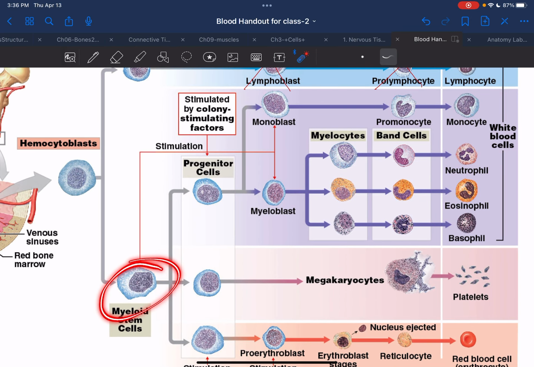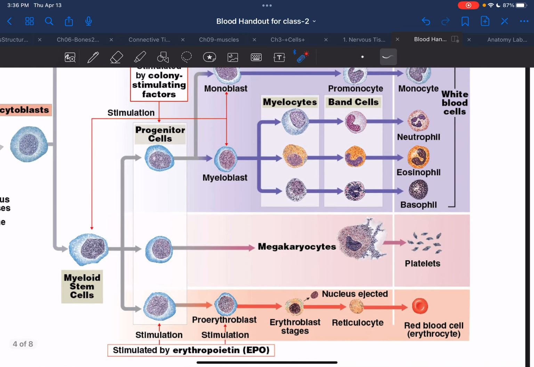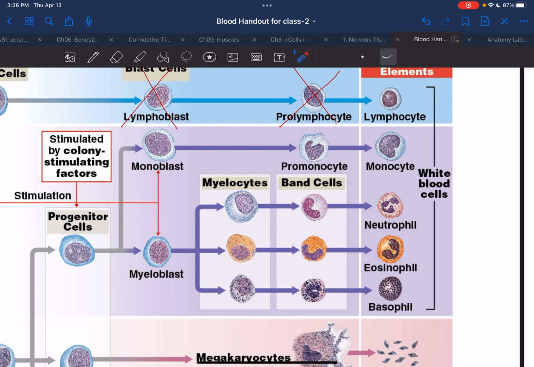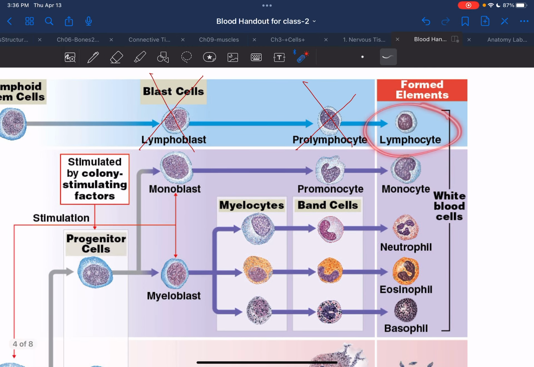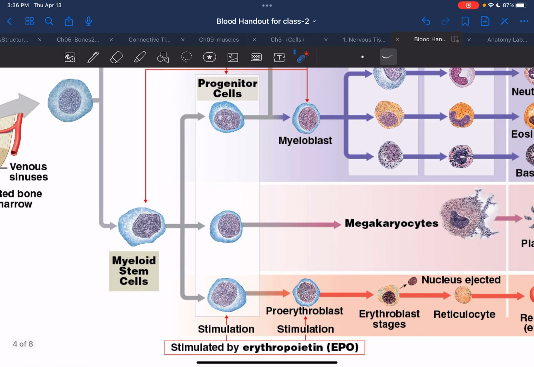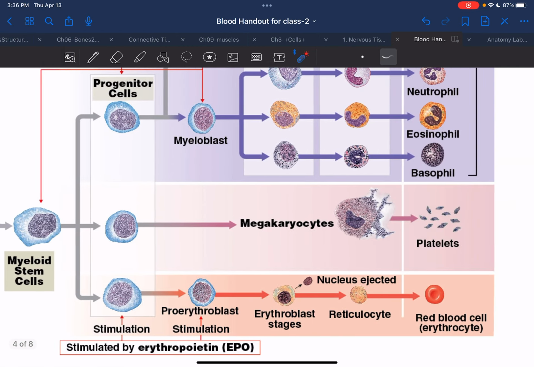Now, myeloid stem cells. Be very careful. It's easy to want to say lymphoid stem cells create all of them, but keep in mind they only care about lymphocytes. Myeloid stem cells will turn into the last remaining ones: your monocyte, neutrophil, eosinophil, basophil, platelets, and red blood cells all come from myeloid stem cells. So what do we need? I'm going to make this larger.